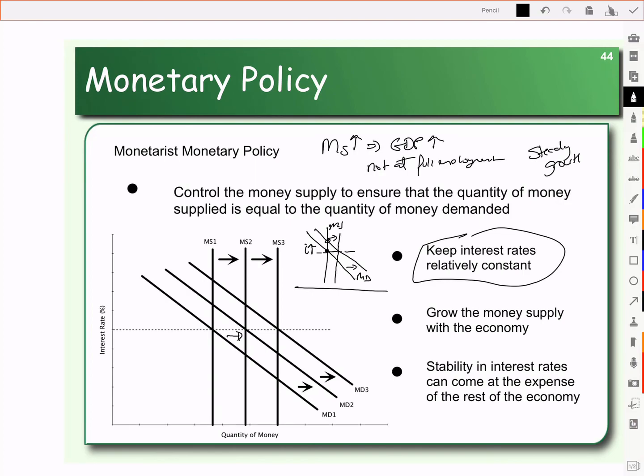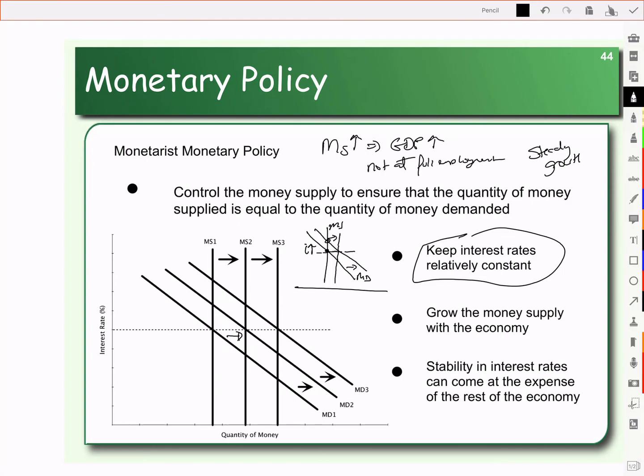More people will buy houses, more businesses will expand because we increase the money supply with the demand for money, interest rates won't change. We won't suddenly have high interest rates. That means households and businesses can still afford all the loans they got.